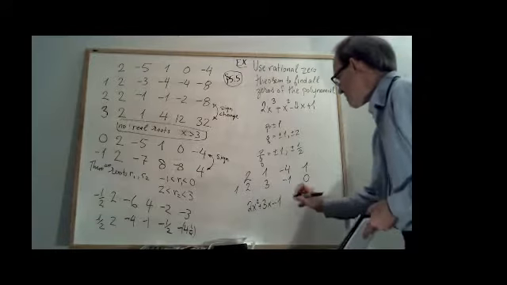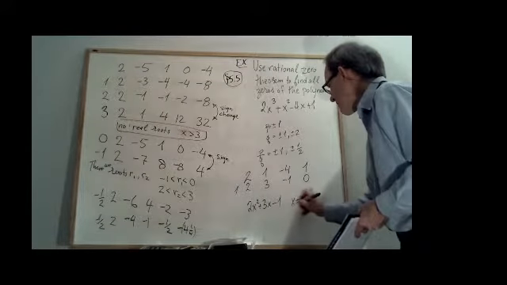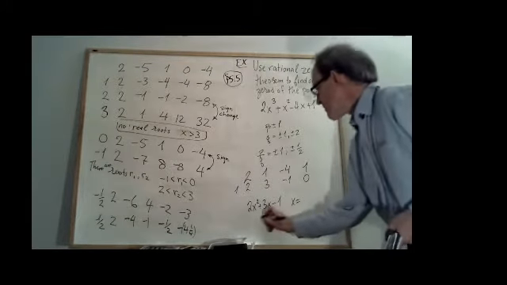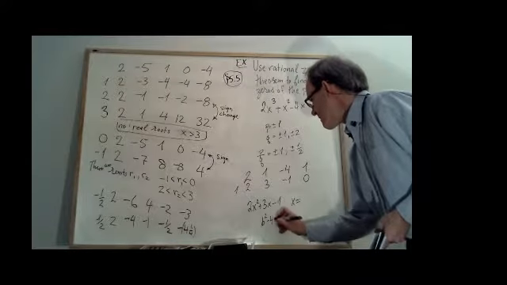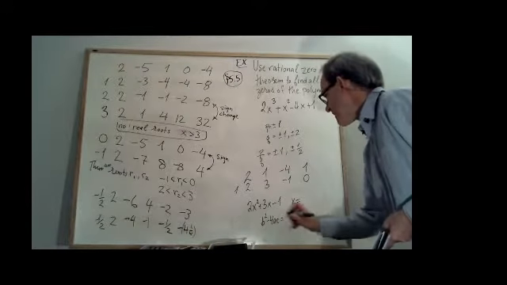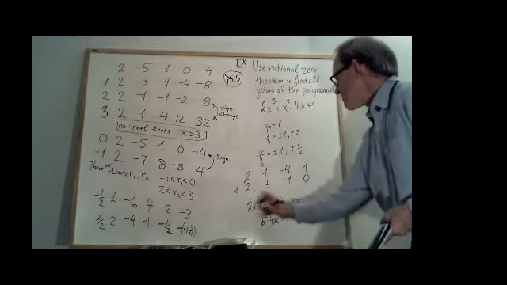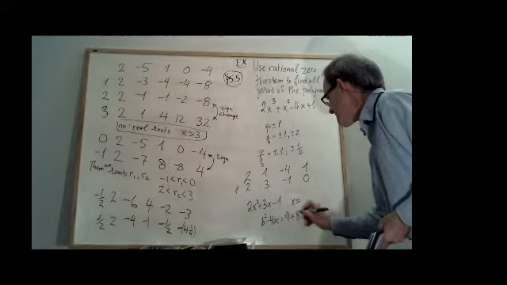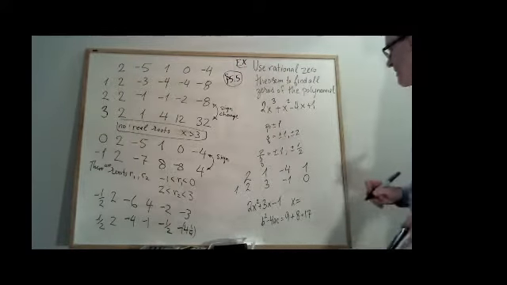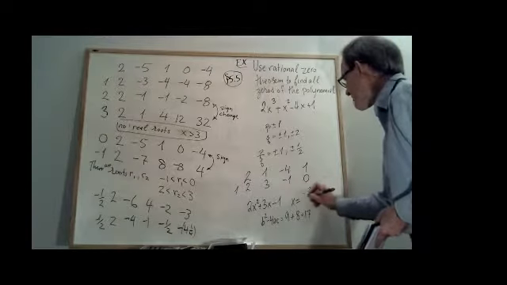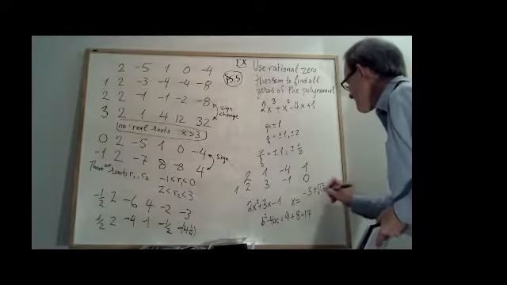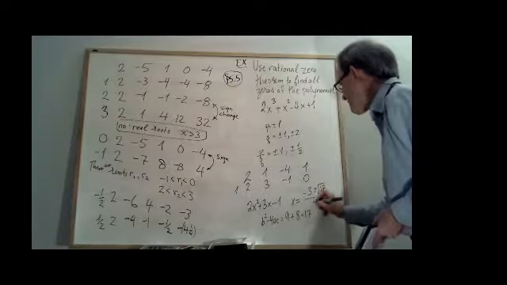What I found, using the quadratic formula, b squared minus 4ac is 9 plus 8, so it's 17. So you get minus 3 plus or minus square root of 17, divided by 2 times 2, which is 4.